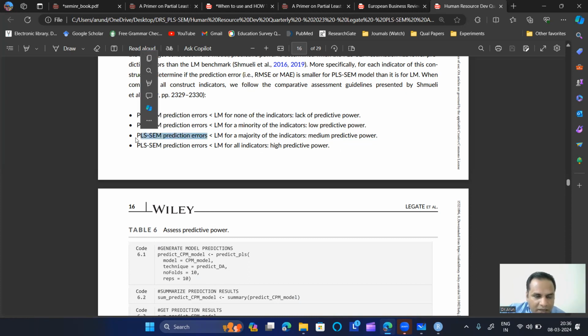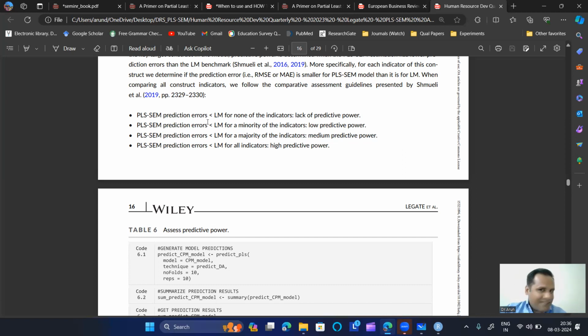Prediction errors are lesser than. See, actually, first of all, on the left hand side this error should be lesser. Please understand. Let me correct it. Your PLS-SEM error should be lesser for a majority of constructs. Then only can we say the model has medium predictive power.